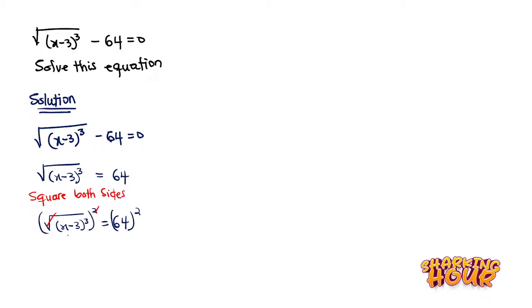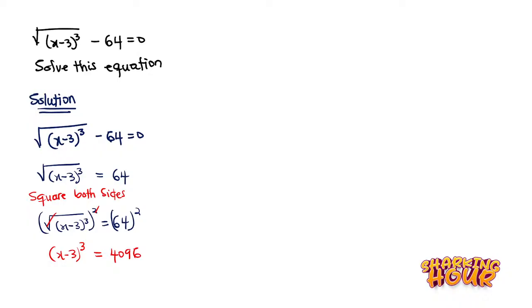So all I will be left with is what I have over here, that is (x minus 3) cubed, and that will be equal to 64 squared. Now 64 squared will give us 4096. So this is after we square 64, this is the expression that we are going to have.